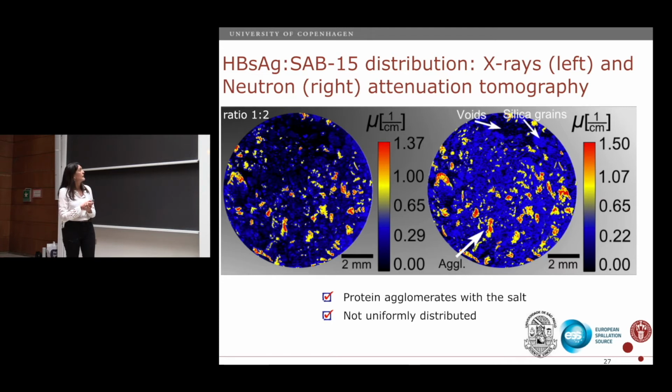With X-rays, we can locate the salt because it has heavier elements, while with neutrons, I can locate where the protein is. And what was very surprising for us in this type of experiment is that if I mix it around, it will be very difficult for you to tell me which sample is which. But that is exactly the conclusion that we have. We have agglomeration of the protein with salt.